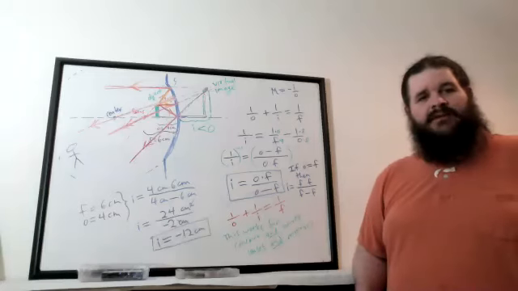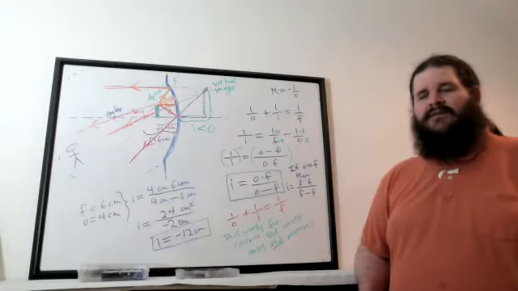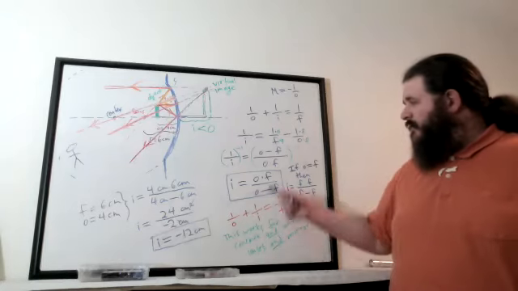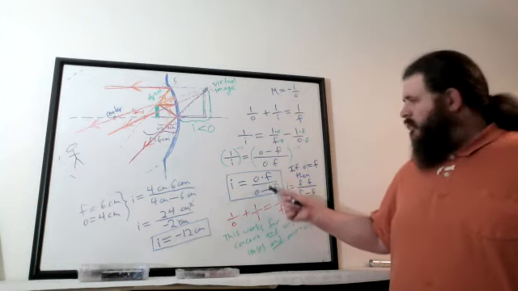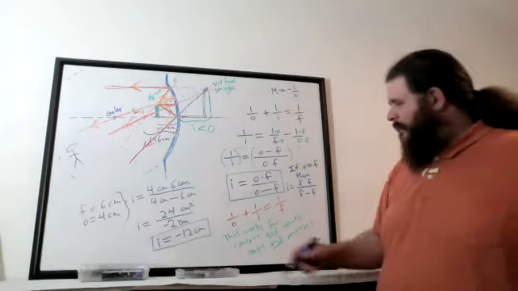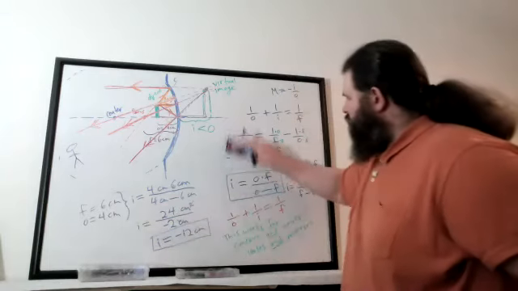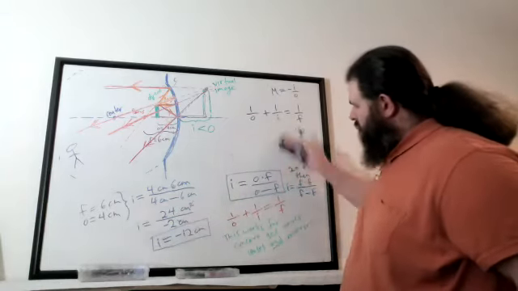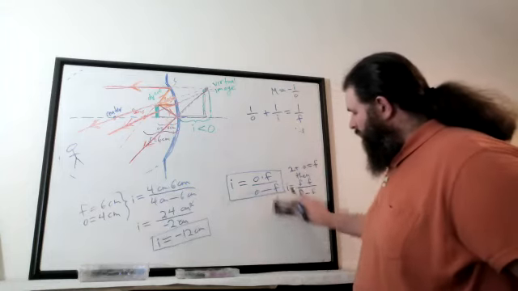For example, let's say we're talking about a convex lens or convex mirror. For a convex mirror, F will be negative. What's O times a negative number going to be? And we generally assume O is going to be a positive number.